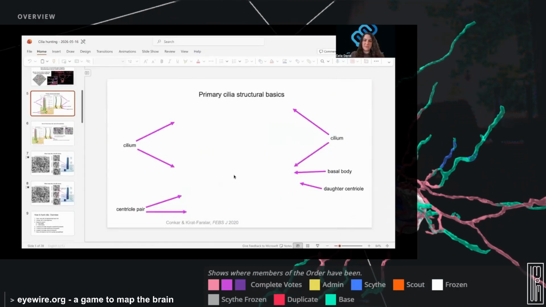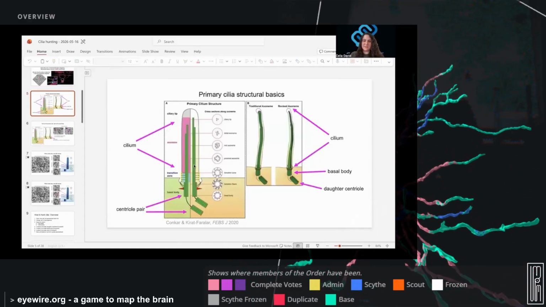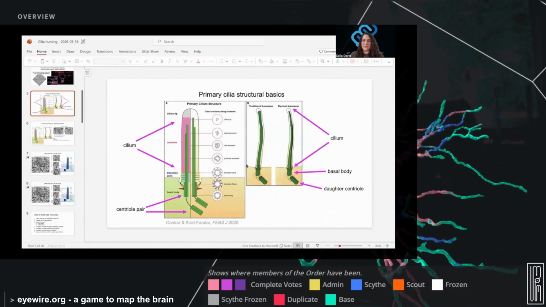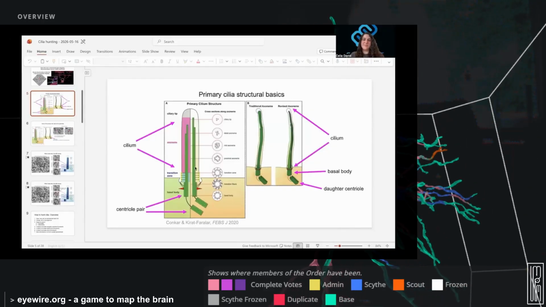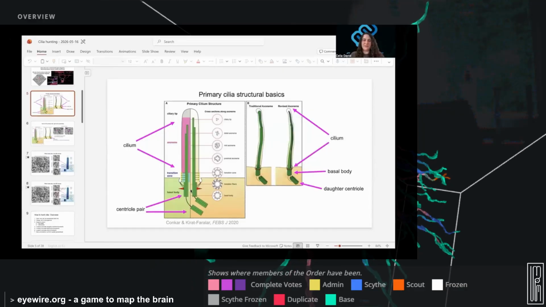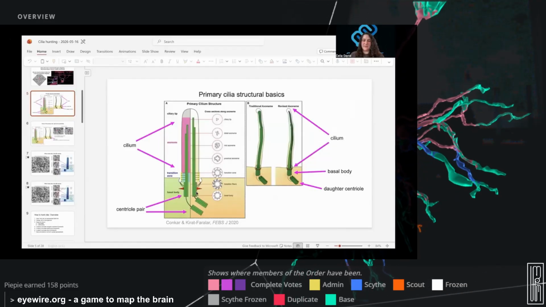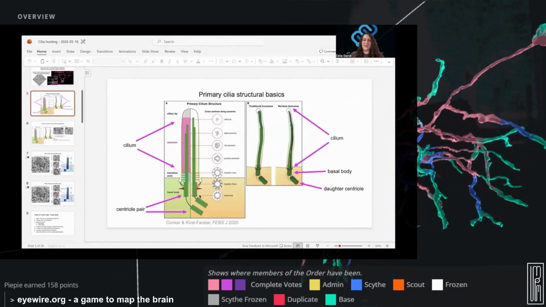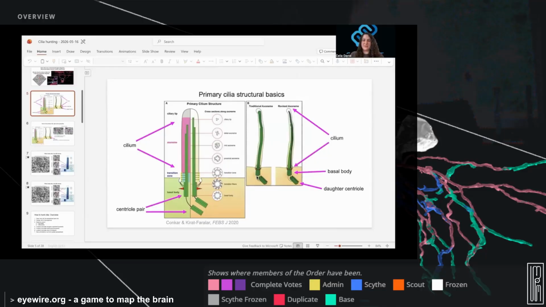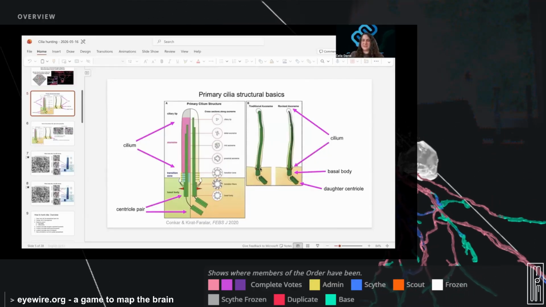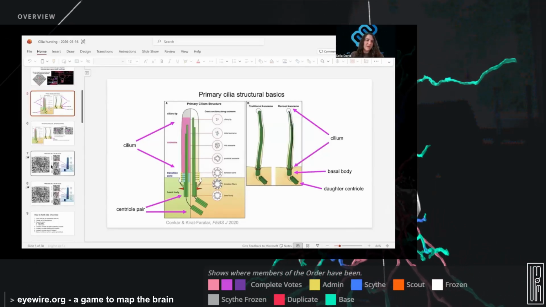So here is a graphic of what the cilium looks like. You've got the structure that is coming out of the soma, and then you have this basal body, which exists at the base of the cilium, and then a daughter centriole, which is this piece that's connected, but also slightly disconnected from the rest of the body of the cilium.